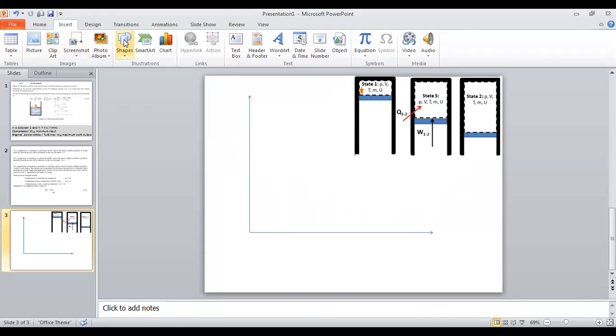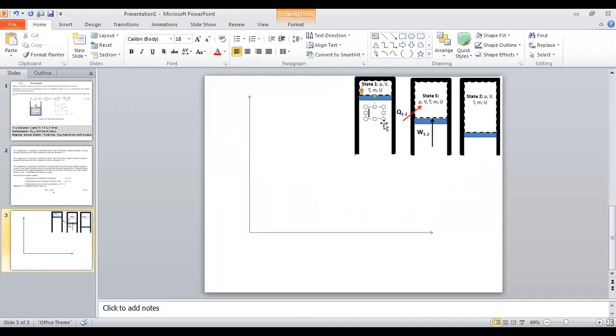So your state 1 will be this, and the state 2 will be this. It is okay to even get repeated discussion, that is okay.